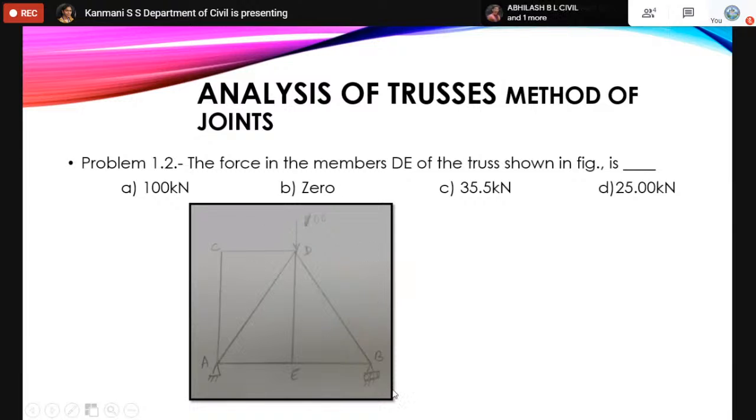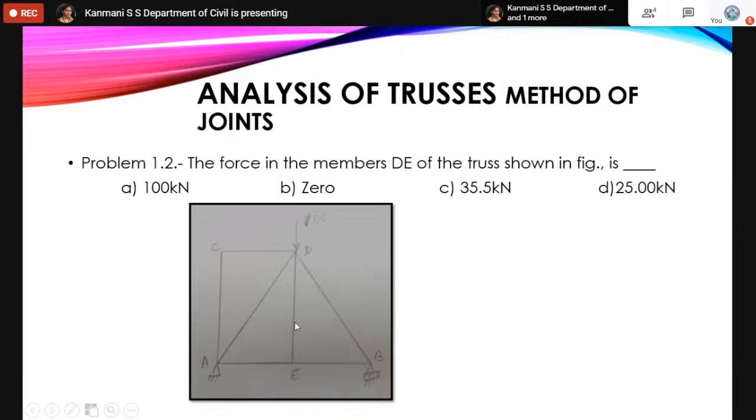We assume that we have to solve this problem by finding the reactions and then applying it to each joint. But we have another interesting thing. That's why I always insist people read the question twice. They said find the force in the member DE.